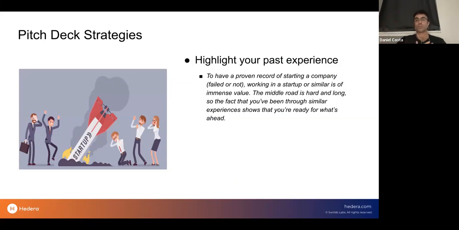And then there's that long road in the middle, which is not always easy. Sometimes you realize in the middle that this is not working, or that there are a lot of problems to solve. But if you've been through that, and you understand what you need to push through on that middle road before your product really shines, that's really good.